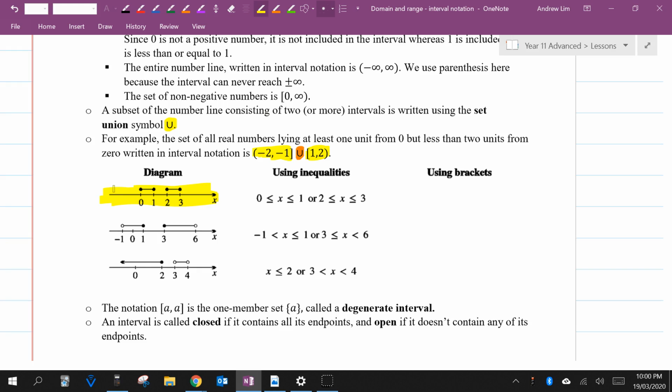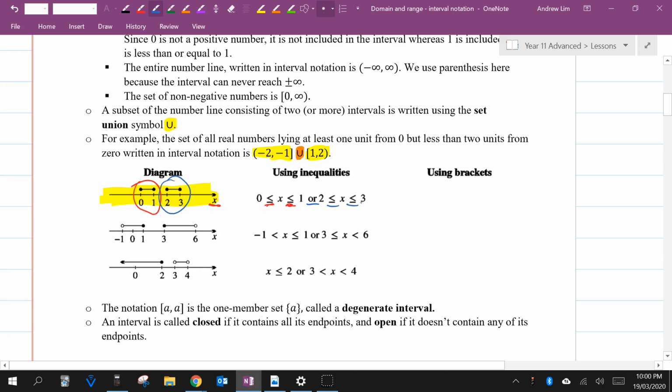So when we write these using inequalities, x is between 0 and 1, but it includes 0 and 1, that's why it's less than or equal to for both of them. However, x could also be between 2 and 3, inclusive, because they are both closed circles. That's why we've got, or 2 is less than or equal to x, which is less than or equal to 3.